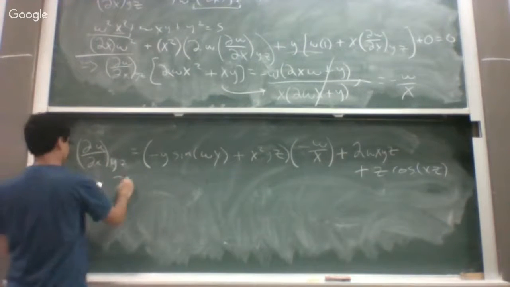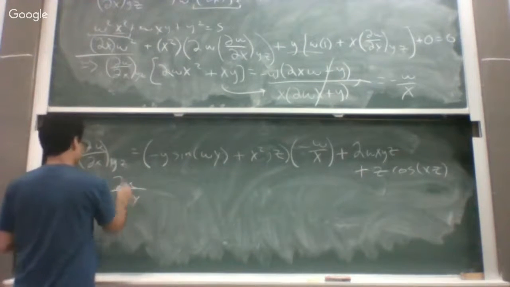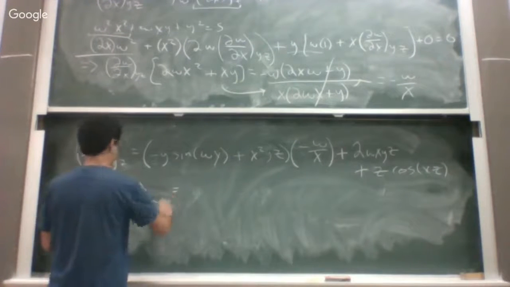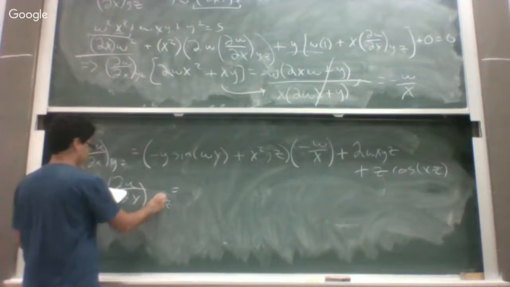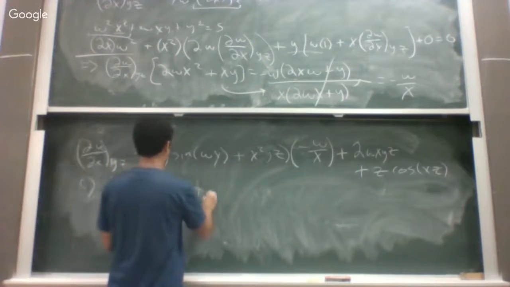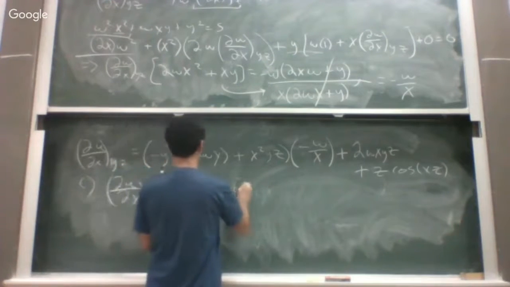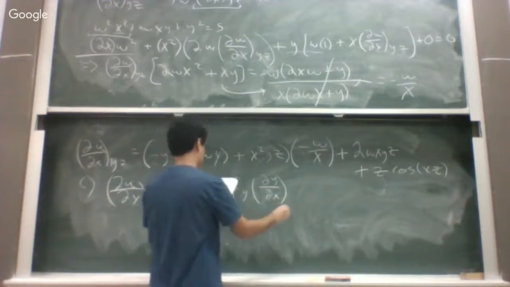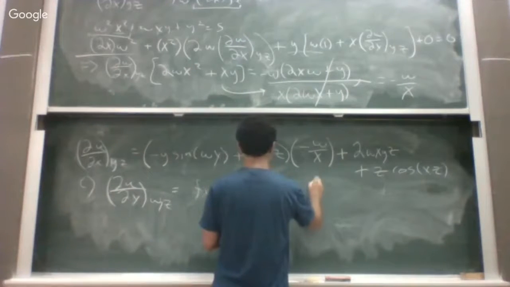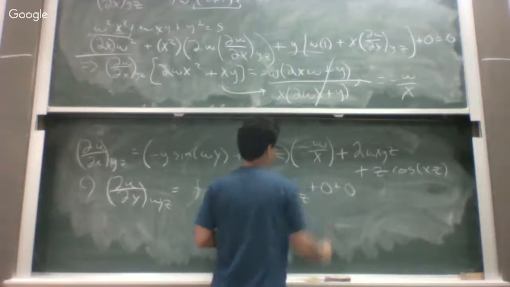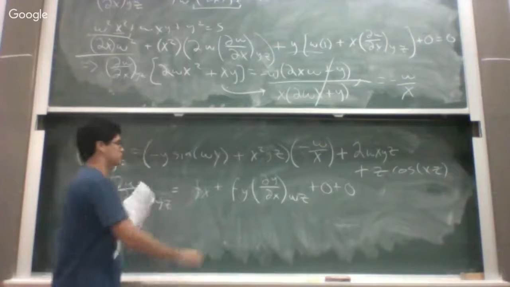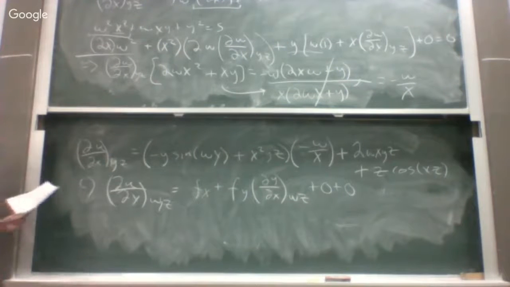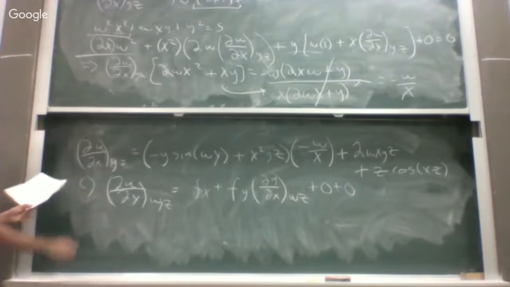Part C, derivative of u with respect to x, this time holding w and z constants. So then we have the f of x plus f of y times dy dx, holding w and z constants, plus 0 plus 0, essentially. It's du dx.